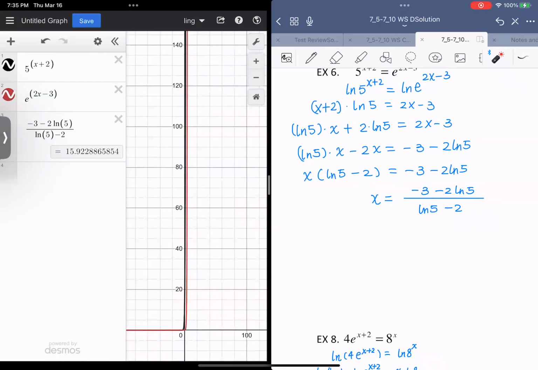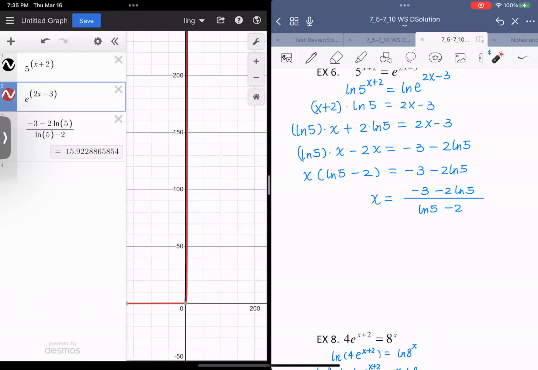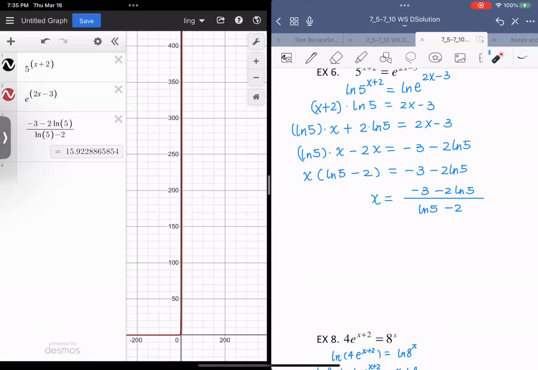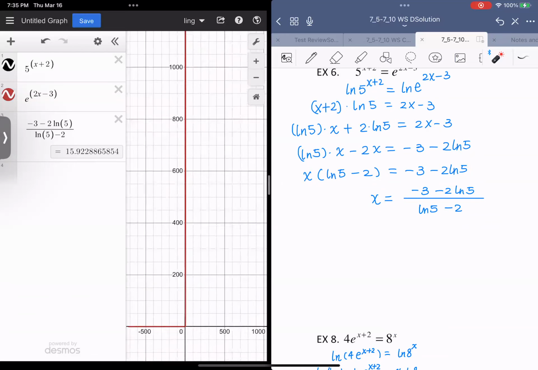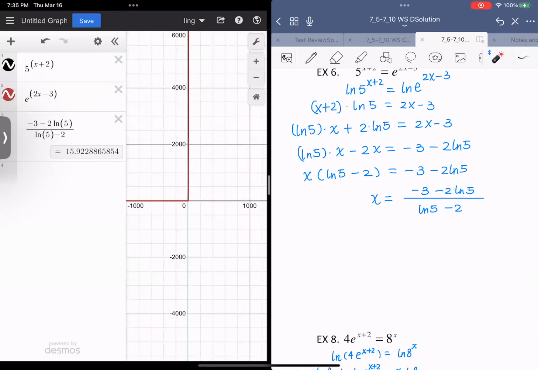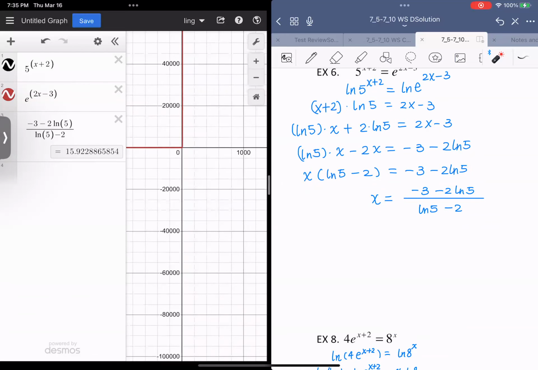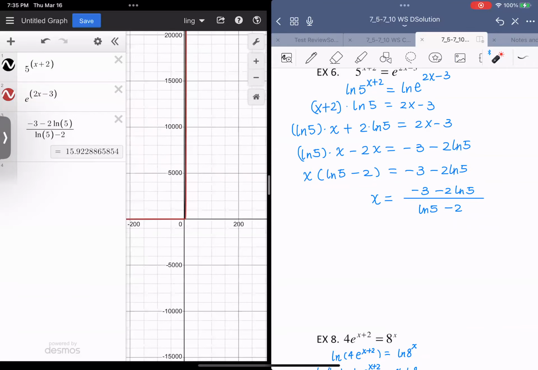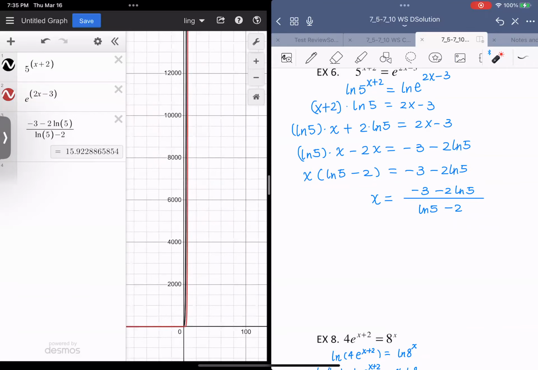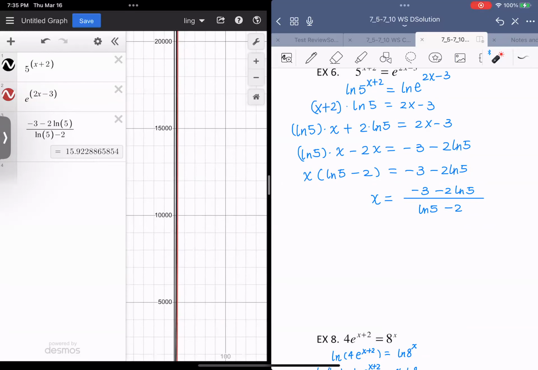I think it meets somewhere over the top, which is really hard to see. I need to get to 15. Yeah, because the graph here, 5 to the power of something, is going to make it really steep. So it's really hard for you to see the crossing point.